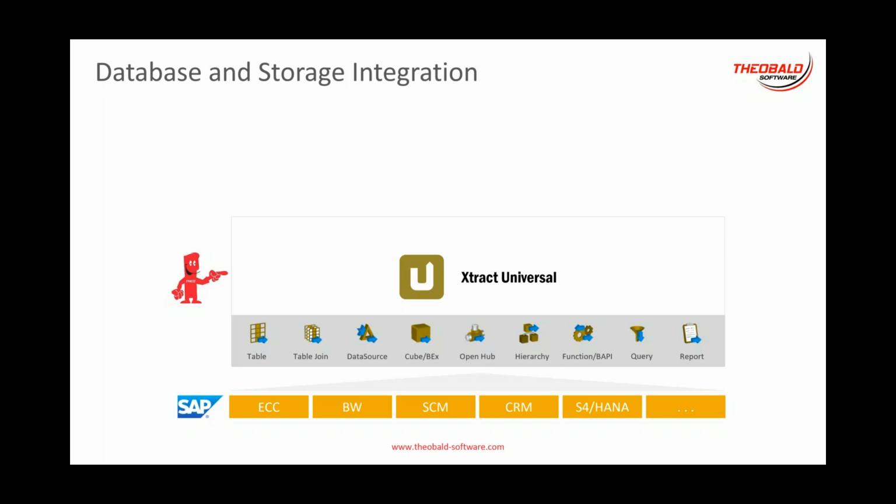We can connect to cubes and BEX queries in the SAP Business Warehouse environment. There's an interface called Open Hub Services interface that we can also talk to. We can connect to hierarchy information, function modules, and BAPIs. SAP's own query, that's transaction SQ01, as well as ABAP reports.